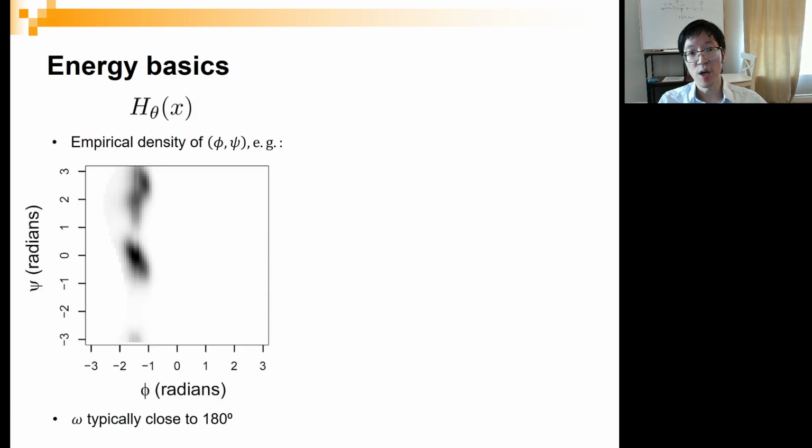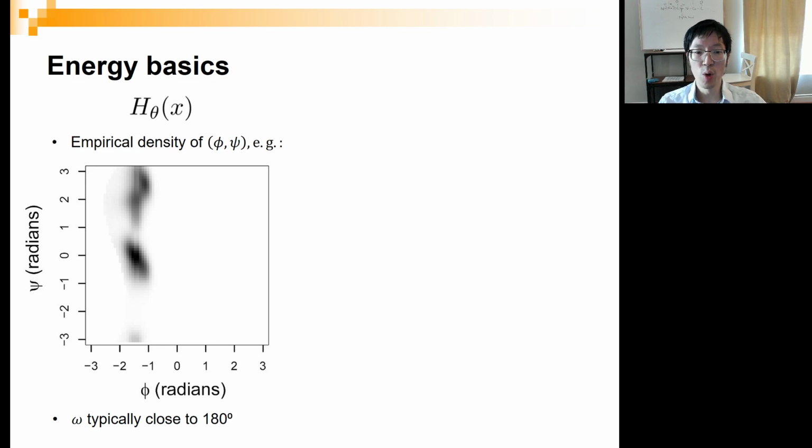Okay, so here's an example of how these two energy components might look. So on the left-hand side is, say, an empirical density of some of these backbone angles, so phi and psi. So this is simply an empirical density, plotted such that the darker areas have a higher density. And where did we obtain this information?